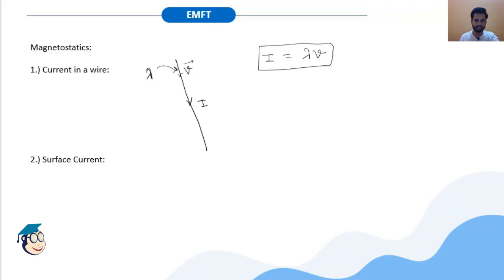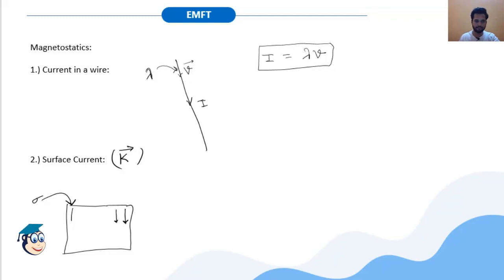And the second case is surface current, denoted by the k vector. Let's say we have a surface, and we have a surface charge density sigma distributed over the surface. The charges in this surface are moving with velocity v in the downward direction.